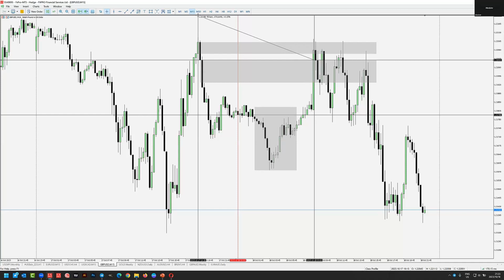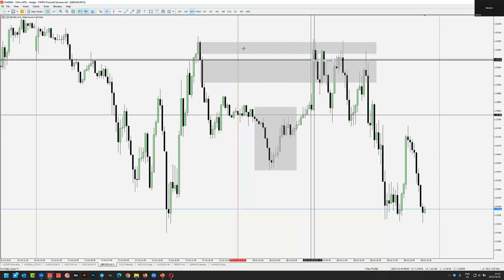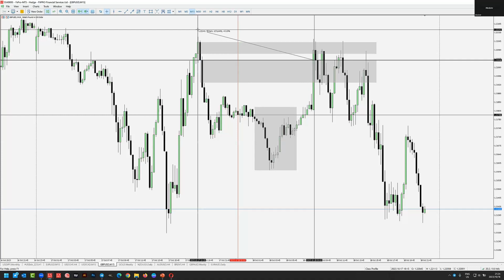You put your stop loss. You can use a tight stop loss. What do I mean by tight stop loss? If you enter when the fair value gap is filled, you can put your stop loss like 5 or 10 pips above the old high. That's what we refer to as a tight stop loss.